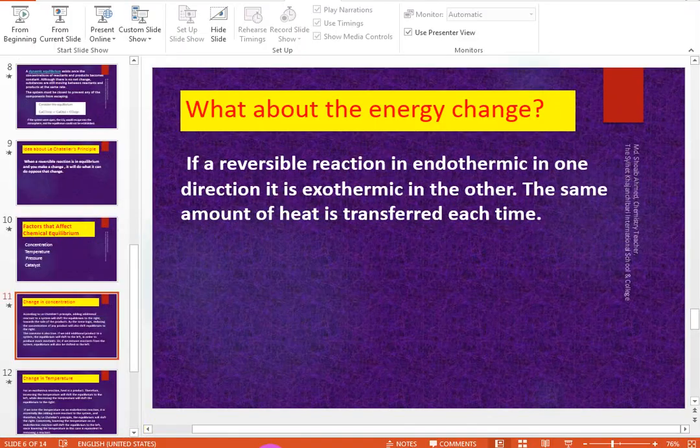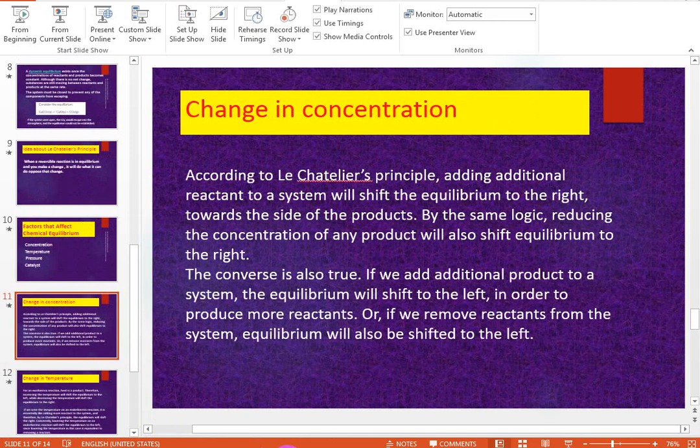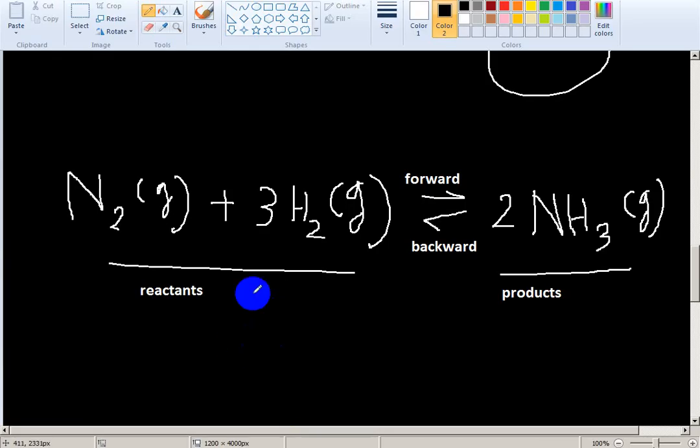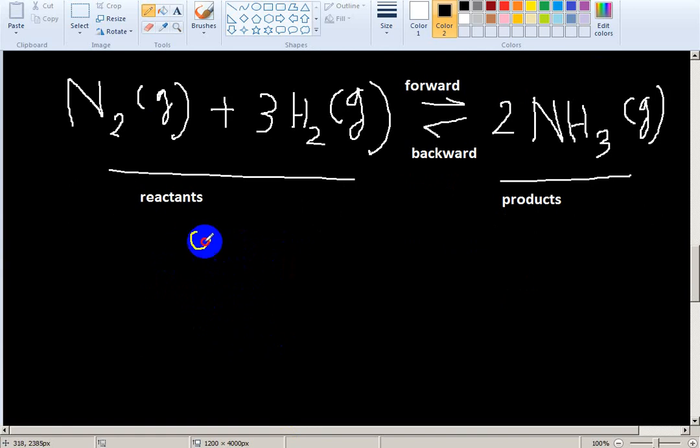Here the concentration is 50-50, so it will remain in dynamic equilibrium when both concentrations remain the same.